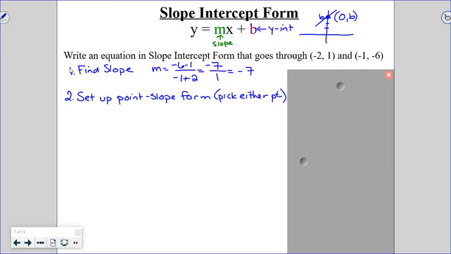Let's go ahead and go with the negative 2, 1, okay? If I pick negative 2, 1 and put that into my point slope form, it would look like y minus my y value, which is 1, my slope, x minus my x value, which is negative 2, so minus a negative 2. Okay, step 3, distribute.